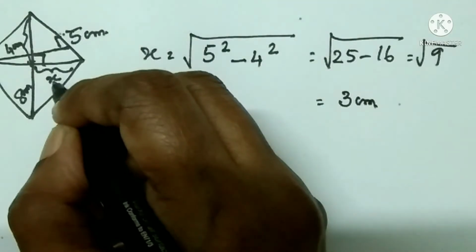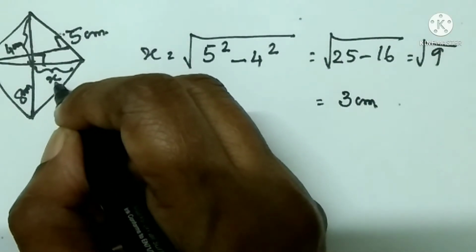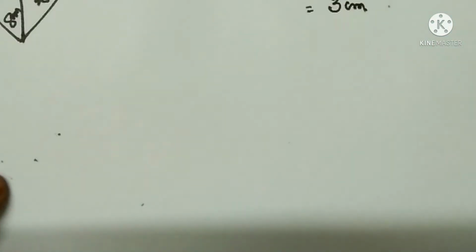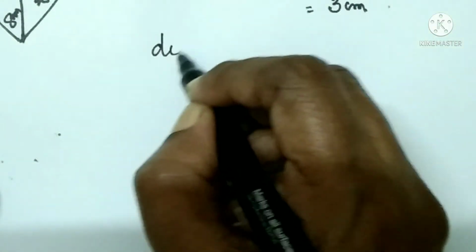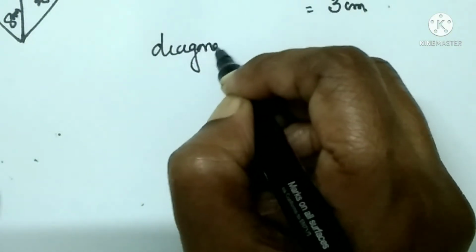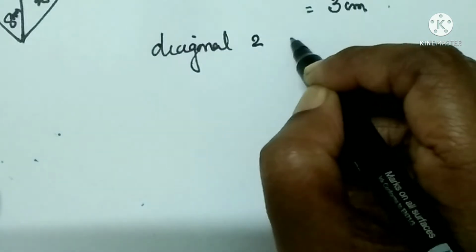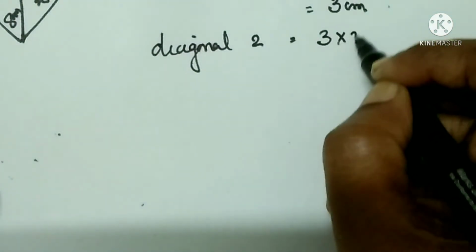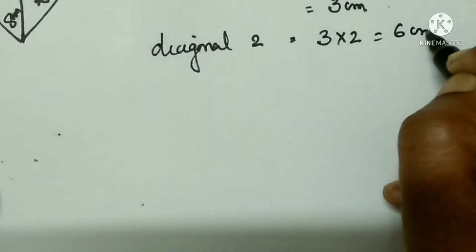So half of the other diagonal is 3, so the diagonal 2 will be equal to 3 into 2, that is 6 centimeter.